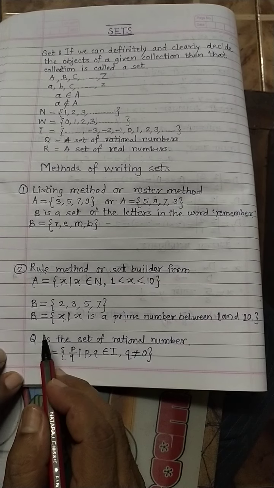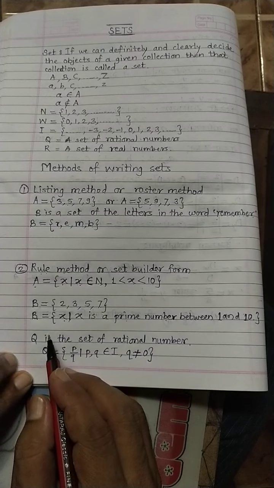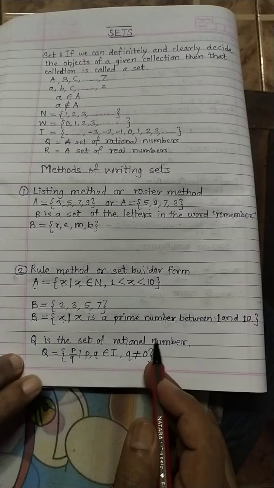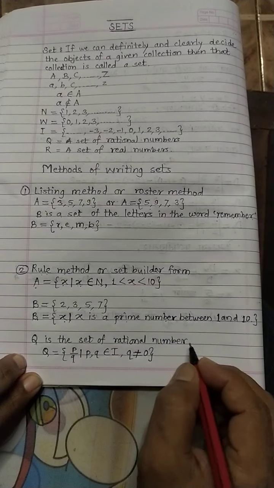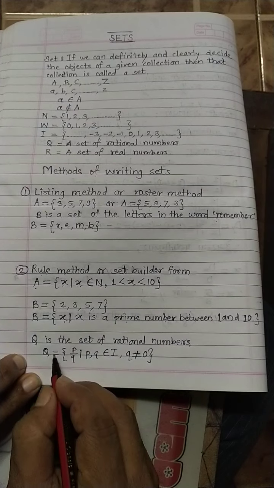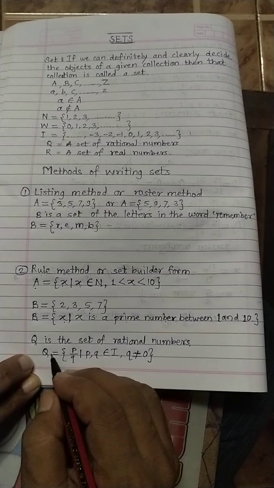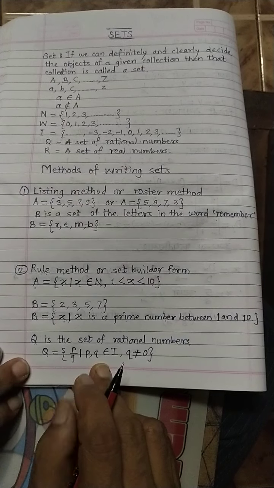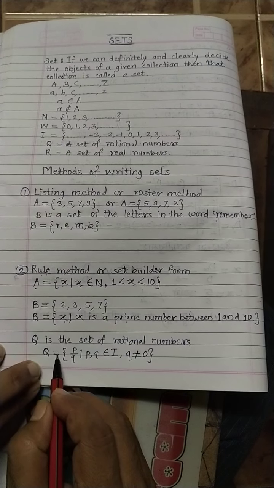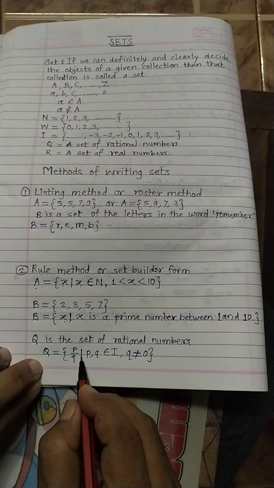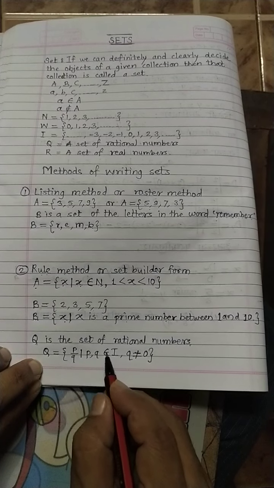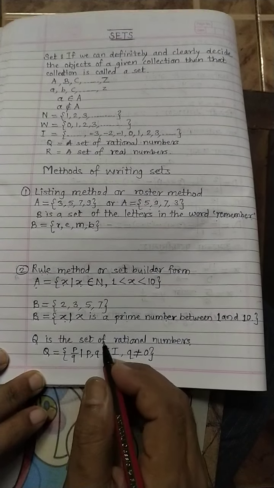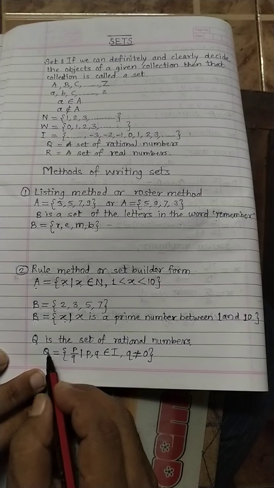Now we are studying about set Q. Set Q is the set of rational numbers, you know very well. But how can you write this in the set rule method? See, Q is equal to p upon q such that p, q belong to I and q is not equal to 0. Means how are we reading it?